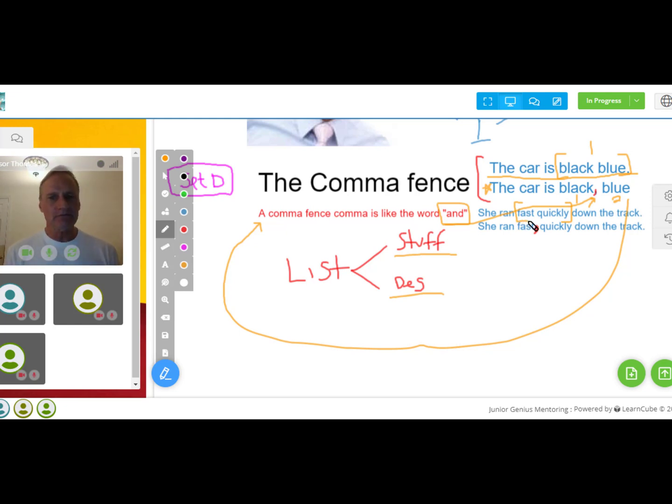As soon as you put the comma in here between fast and quick, now we have two things. It's two different characteristics. These descriptive words are characteristics of what's going on. Let's actually write that down. I think that's a really good word. Characteristics.